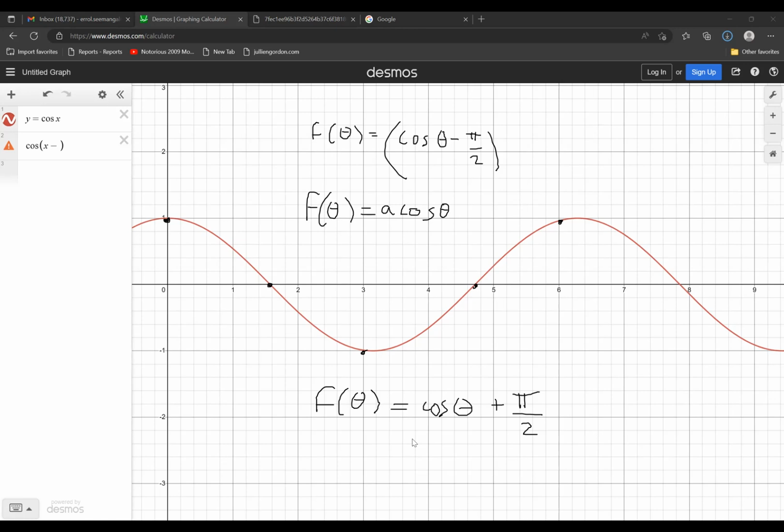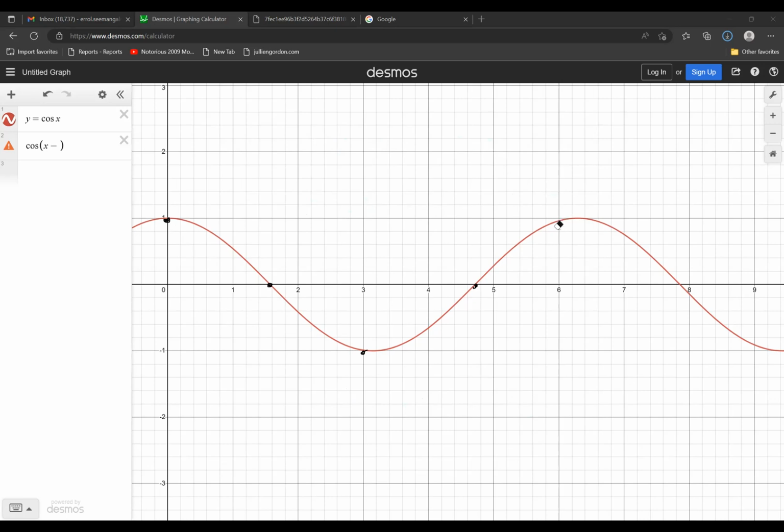Translate it, compress it, shift it, or even a combination of those things all at once. You start off with these 5 key points. Just shift or move those, translate those 5 key points, and then there's your new graph. That's what you guys are studying this week? So you have a general idea of what you guys will be studying already.